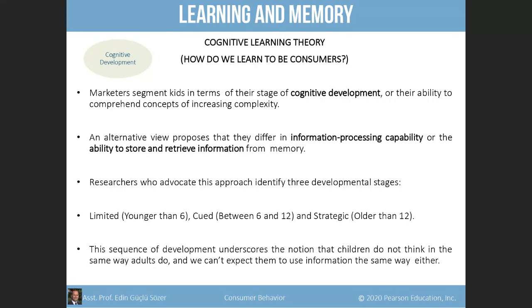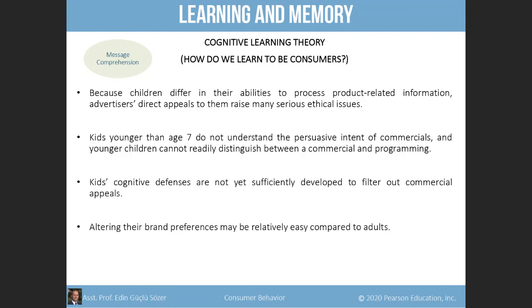This is why it is important that children consumers do not really understand the commercial intent behind advertisements, and they believe what is said as it is. They can be easily manipulated by companies compared to adults.